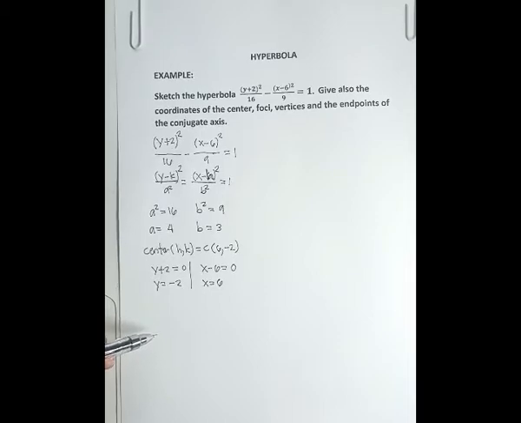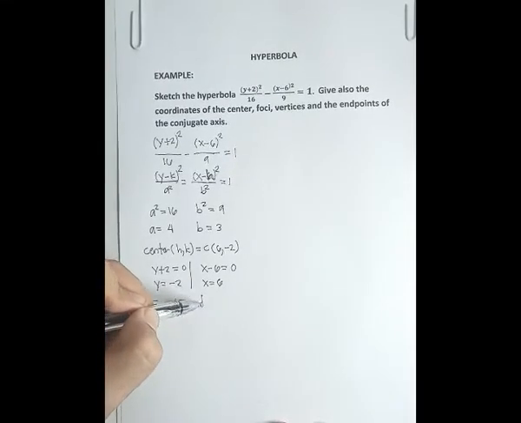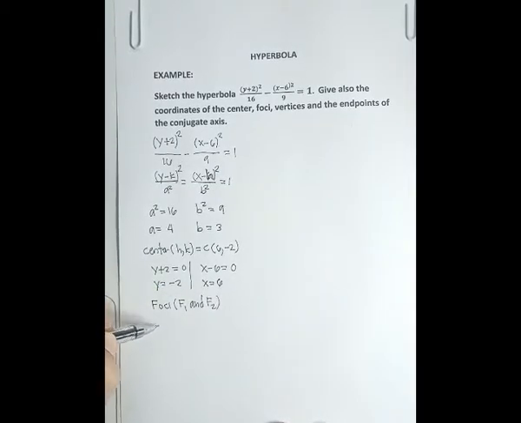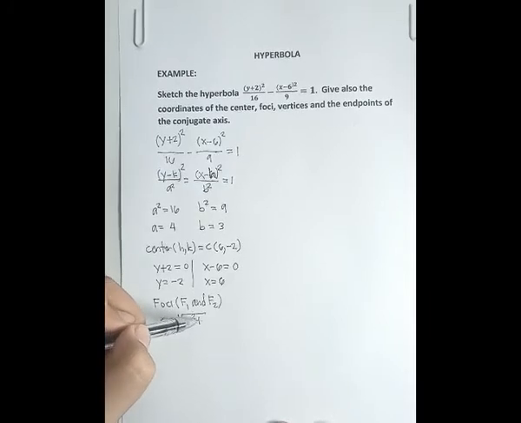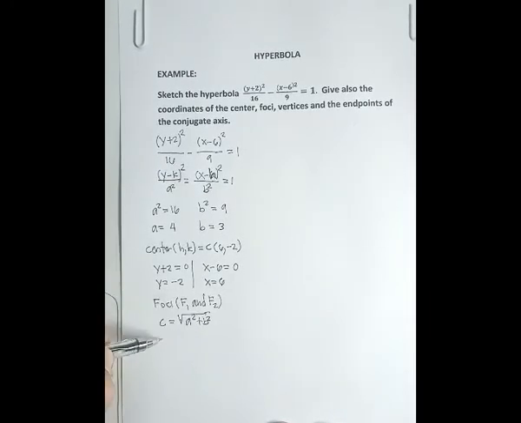And then for the focus, this is for F1 and F2. The standard formula is c equals the square root of a squared plus b squared.